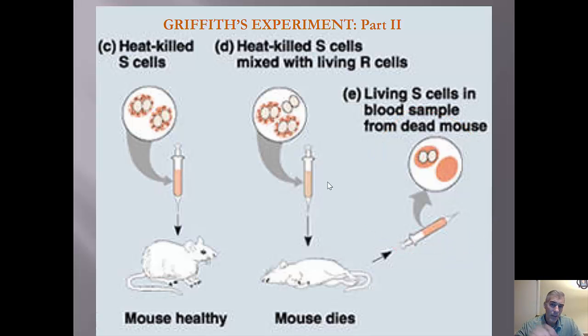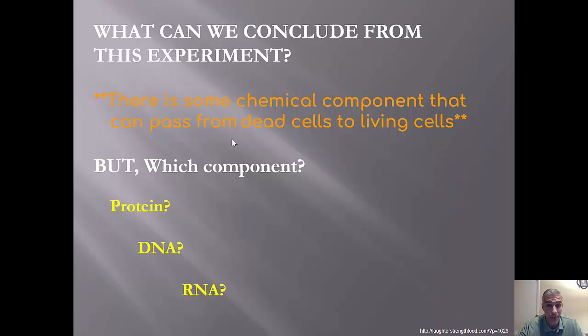So what Griffith concluded from this experiment was that that dangerousness was passed from that dead, dangerous one, which didn't kill the mouse, to the non-dangerous one. Some trait was passed, and he didn't know what did the passing at that time. Right? So there's some chemical component that is passing from the dead cells to the living cells.